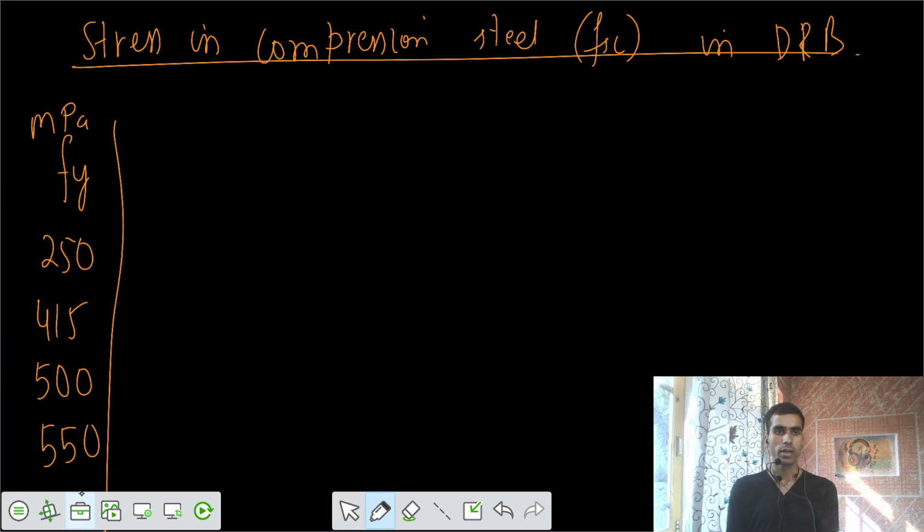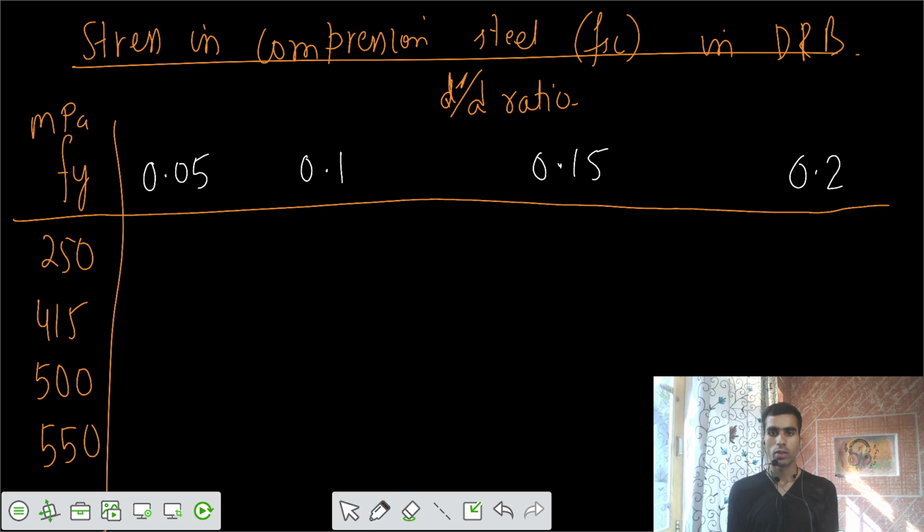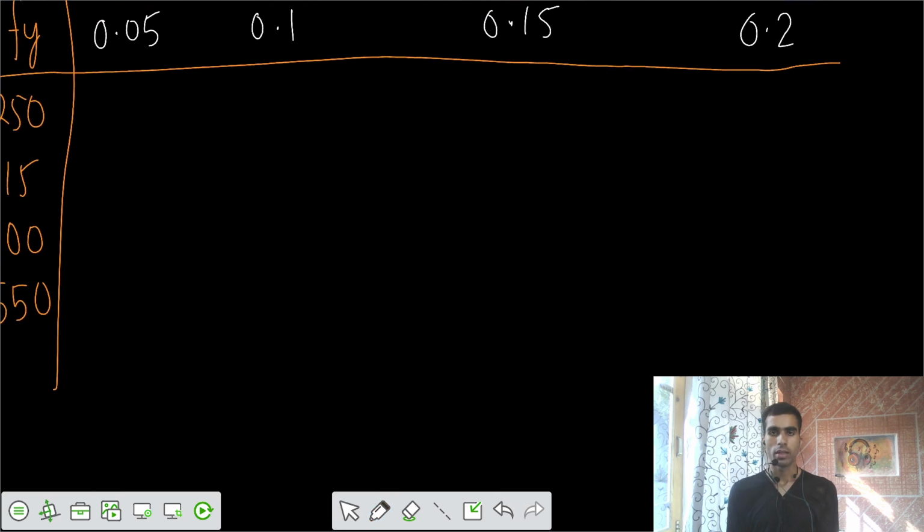Corresponding to different grades of steel, we have different ratios of d dash by d. The practical range of d dash by d is 0.05 to 0.2, and in multiples of 0.05, 0.1 and 0.15. So we have 4 different values in our practical range.